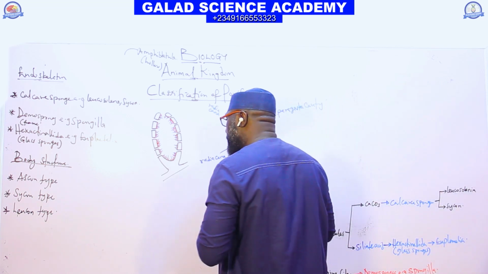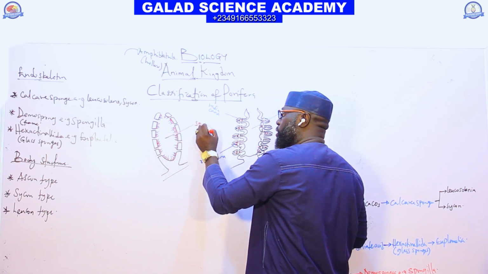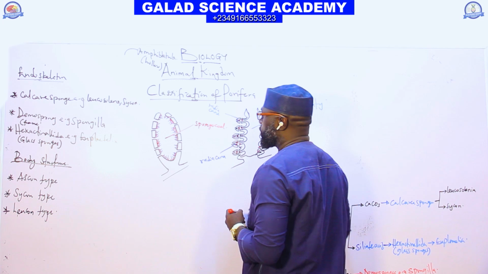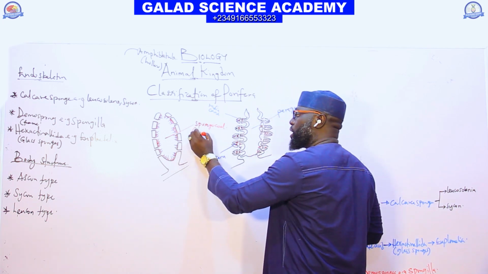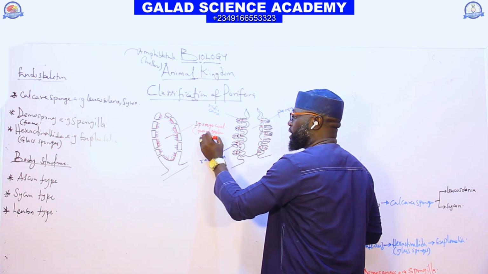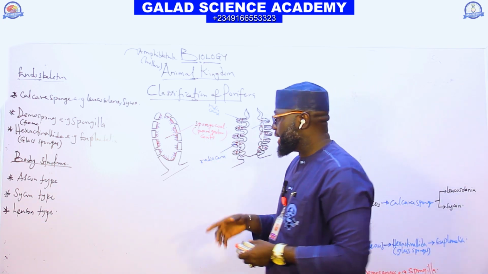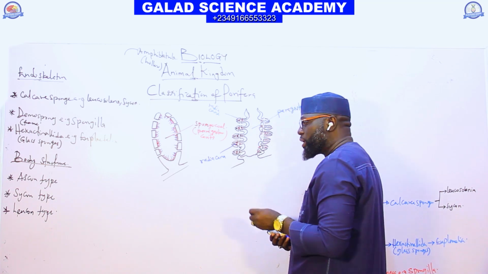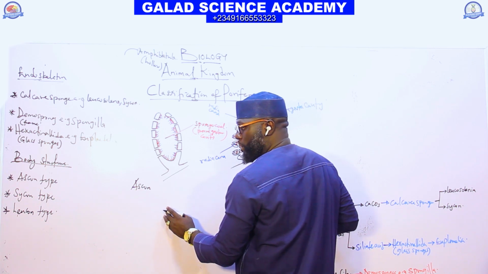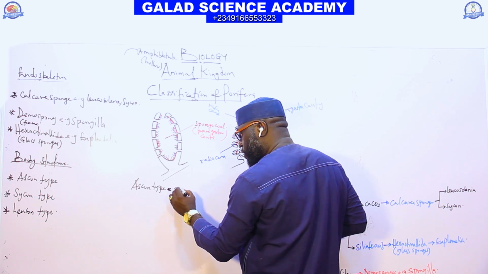So this empty space here, we call it spongocoel, or paragastric cavity. So we can observe that this structure is the structure of Ascon type.